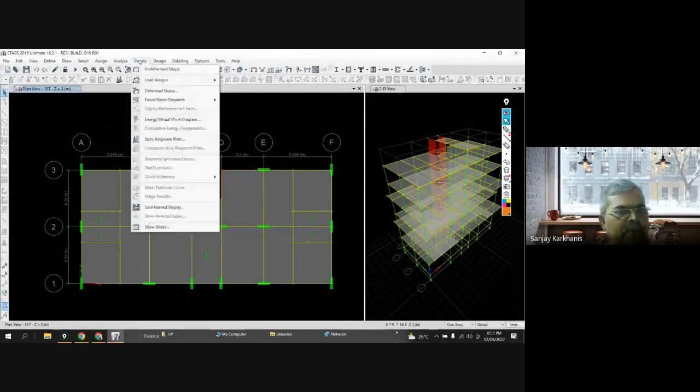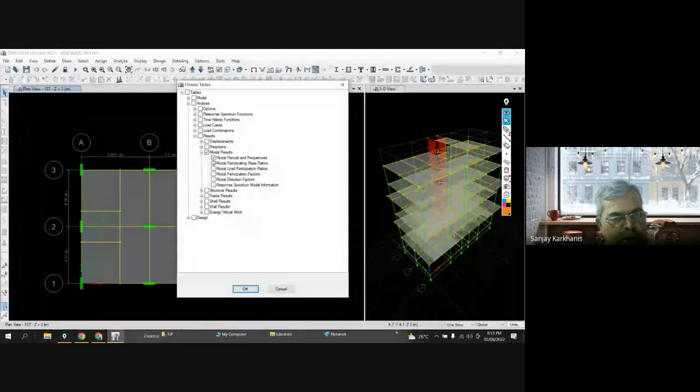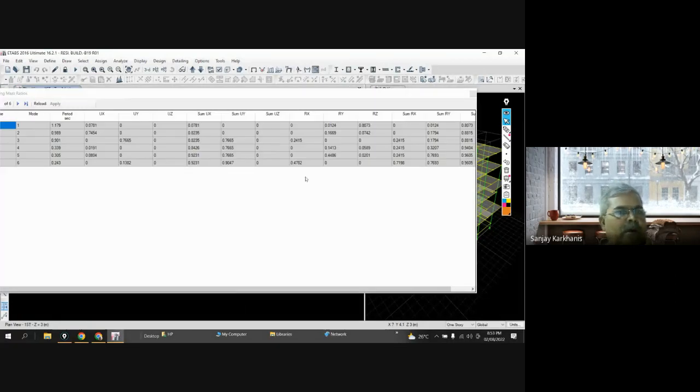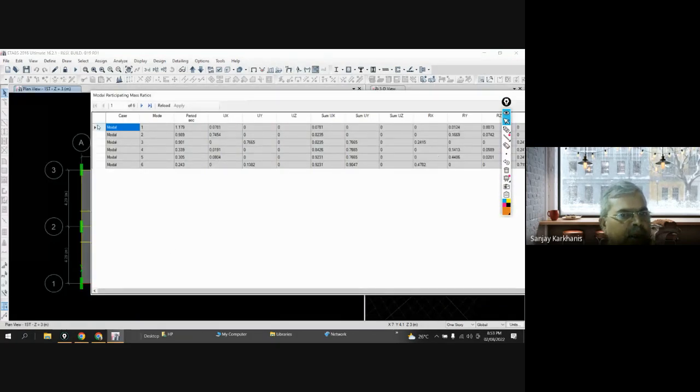and we'll go to display and show tables, and instead of this, I will go for modal participating mass ratio, and this is what you are getting. See, this is your mode number 1, which is having period equal to 1.179, and it is having UX.